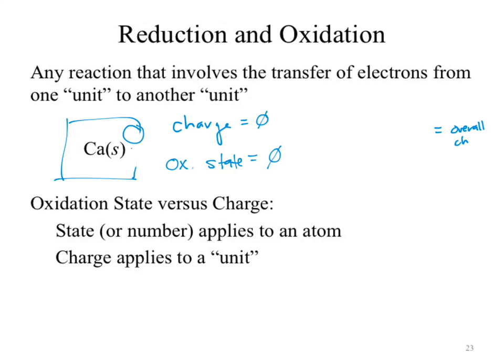The overall charge on our unit is equal to the number of our atom times its oxidation state plus the number of the next atom times its oxidation state, and so on and so on. That looks really familiar, or at least it should, because we've used that before, except instead of calling it oxidation states, we called it charge.